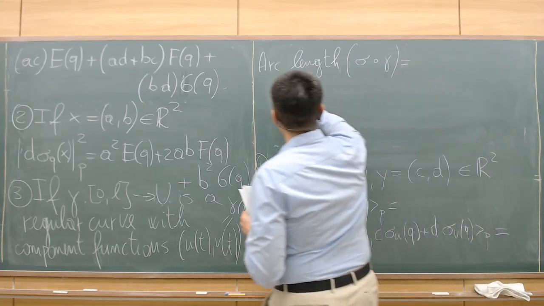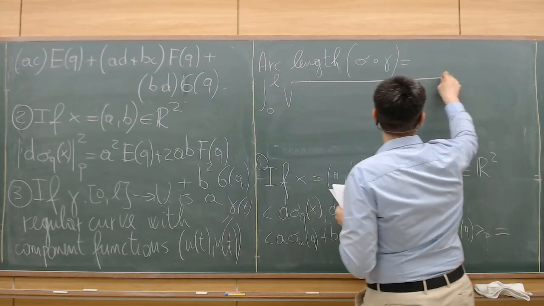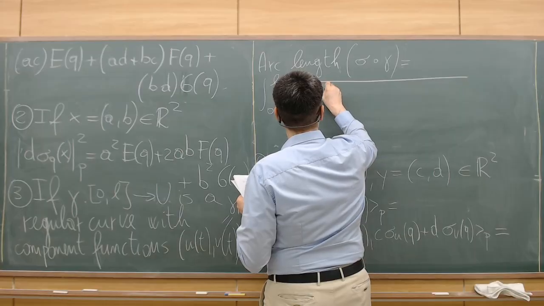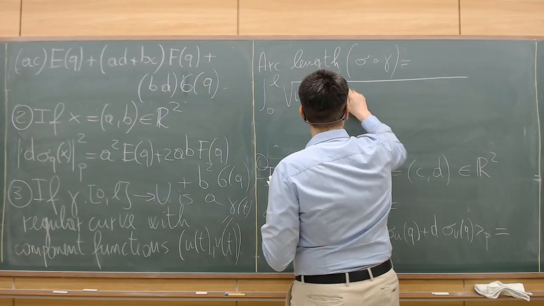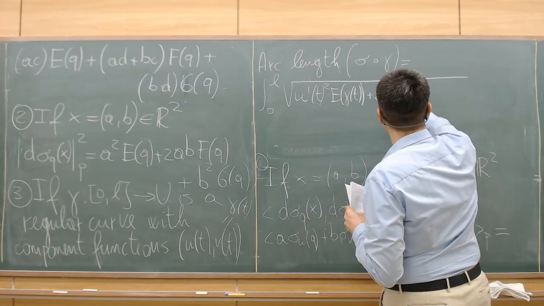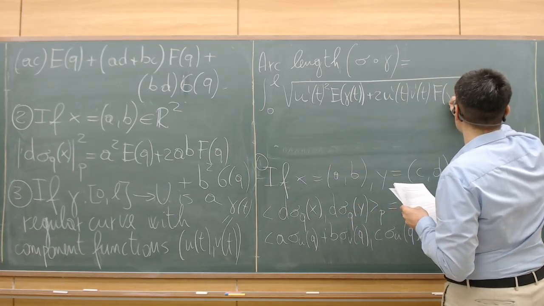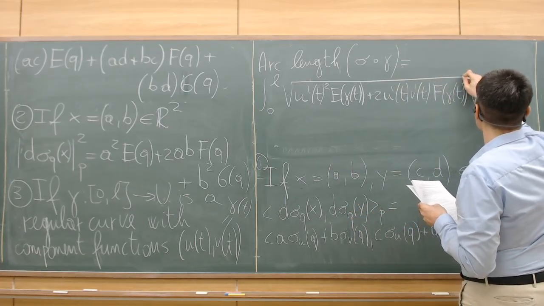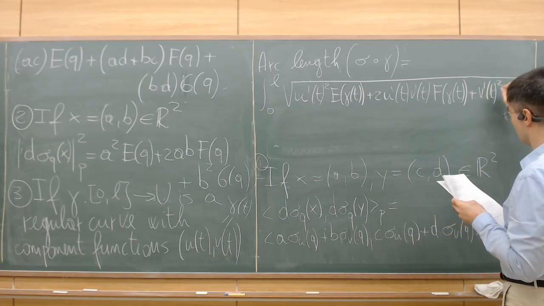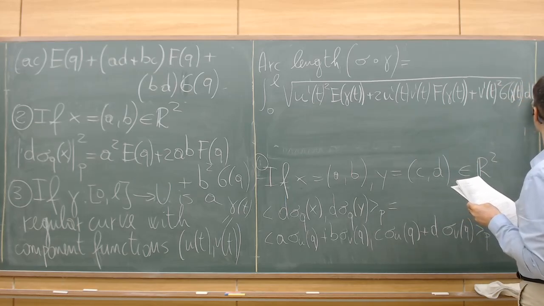This is the integral from 0 to L of the square root of u prime t squared E of gamma t plus 2 u prime t v prime t F of gamma t plus v prime t squared G of gamma t dt.